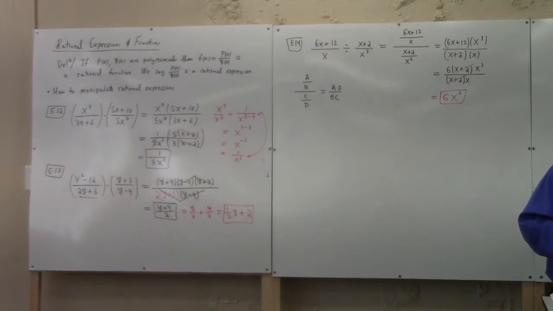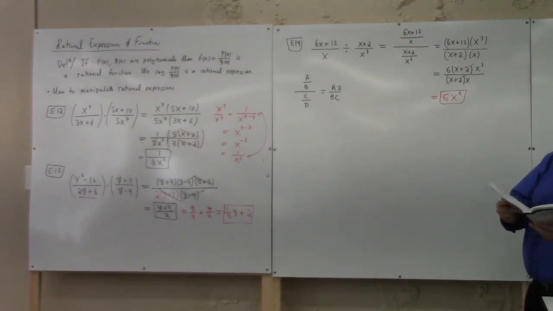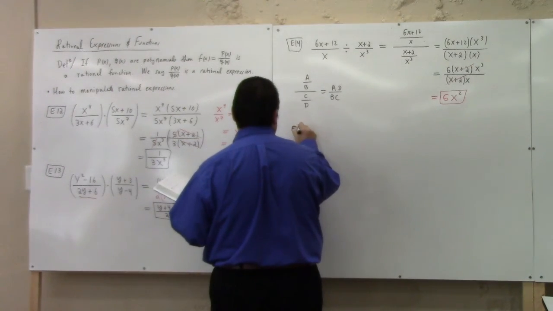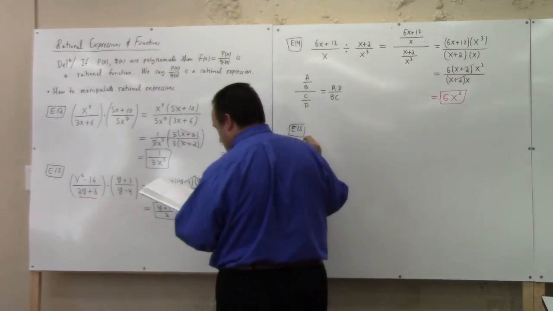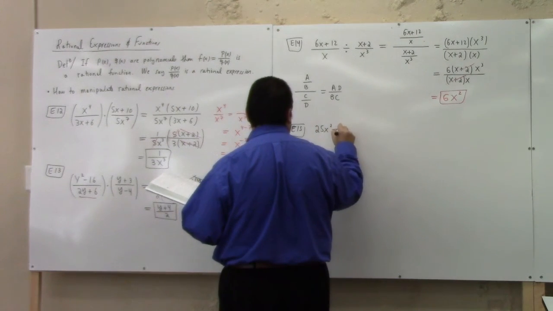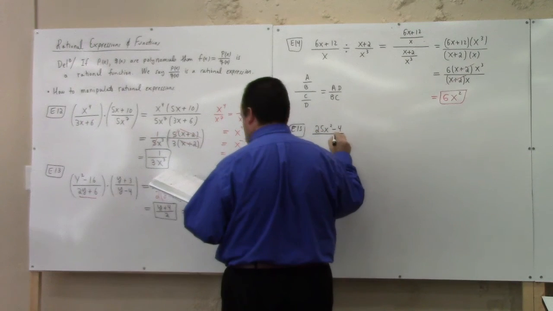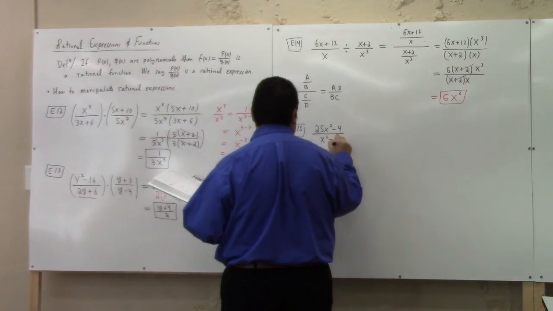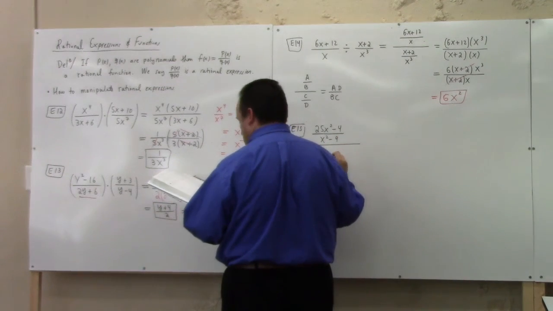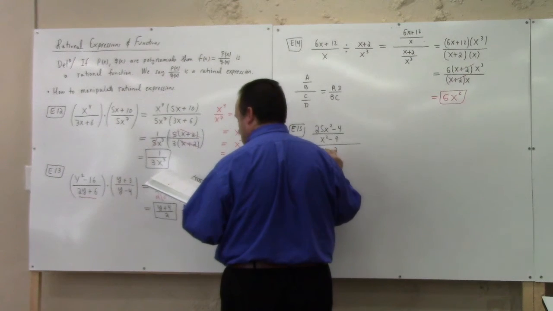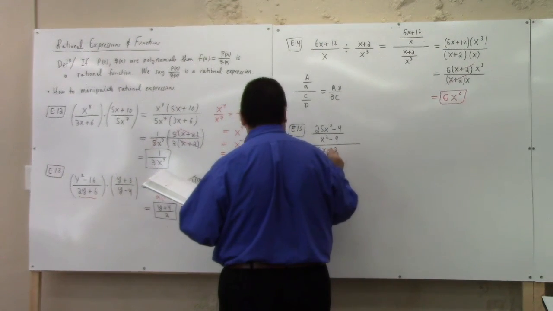You got it. One more of these, and then we'll move on. Example 15. We could have 25x squared minus 4 divided by x squared minus 9, all divided by 5x minus 2 divided by x plus 3.